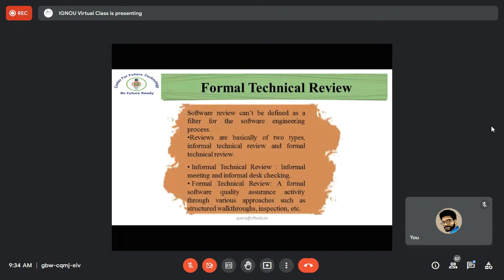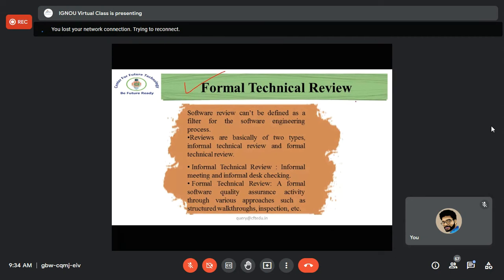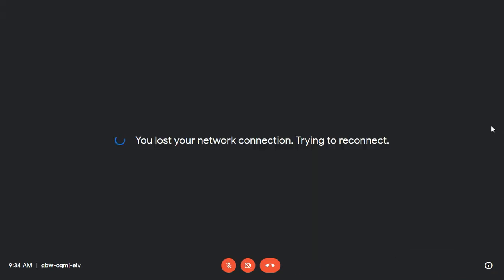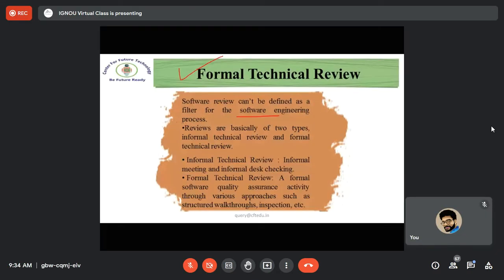Now here comes a very important specific process called the formal technical review. The formal technical review can be defined as a filter for the software engineering process, because it involves lots of aspects.